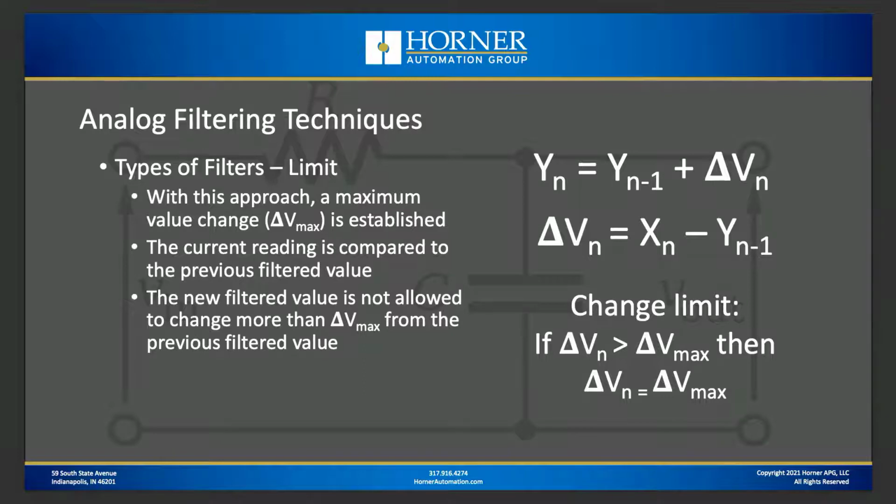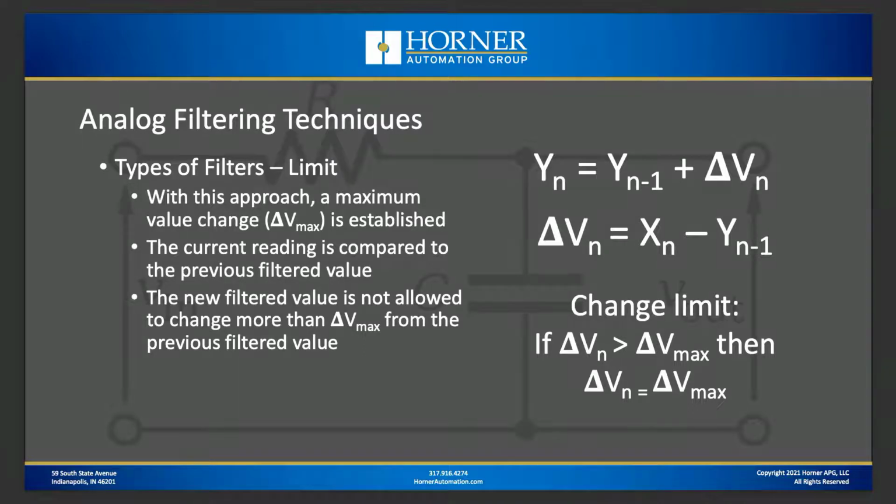Every time we take a look at the current analog input value, we compare it against our current filtered value and see what the delta is between those two values. If that delta is greater than the maximum we've decided to allow, then we limit our newly filtered value to only change by the maximum amount we've established.